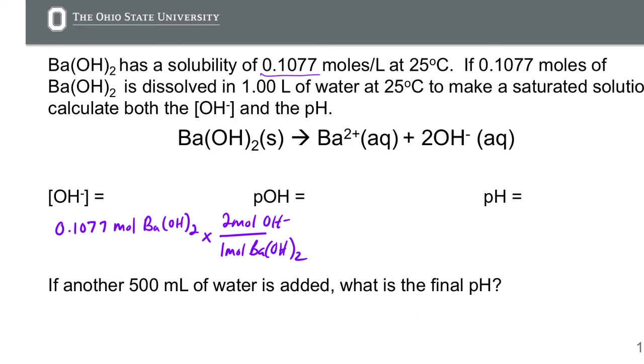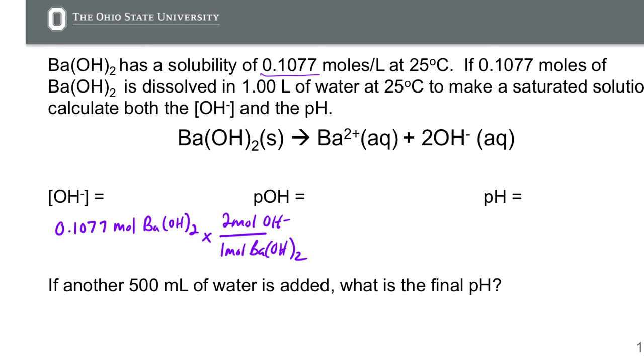With barium hydroxide, for every 1 mole of barium hydroxide that you put in solution, you end up with 2 moles of hydroxide. All right, see the subscript 2? So this is one of those places where it's really easy to be working quickly, and you miss this, and you would automatically say, oh, it's 0.1077 moles per liter. It's not. It's 2 times that, okay?